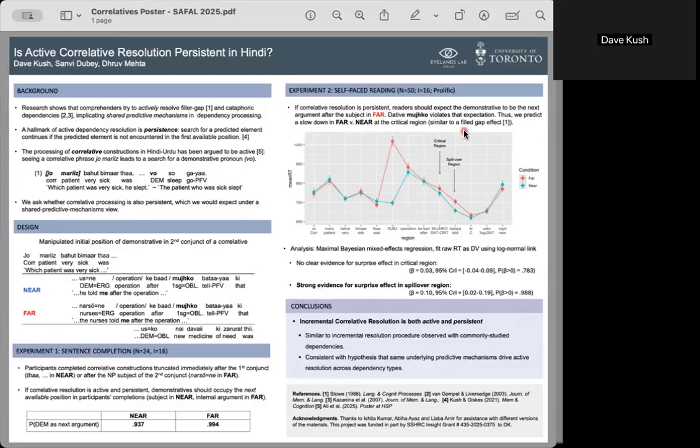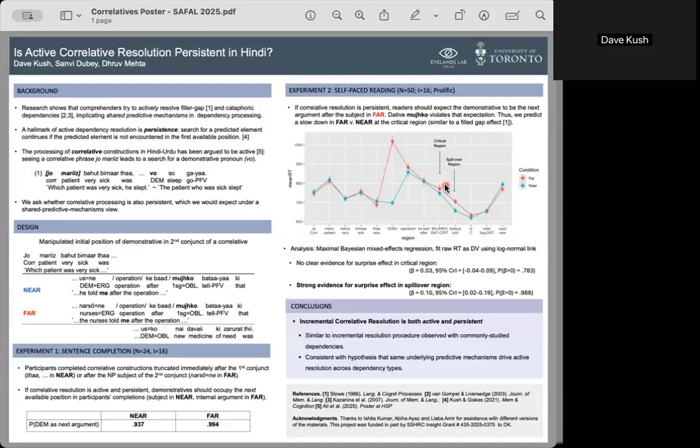And as I said before, we expect that if correlative resolution is persistent, we should see a slowdown at or immediately after the critical region mujh in the main clause, under the assumption that people should be more surprised to see that argument in the far condition.